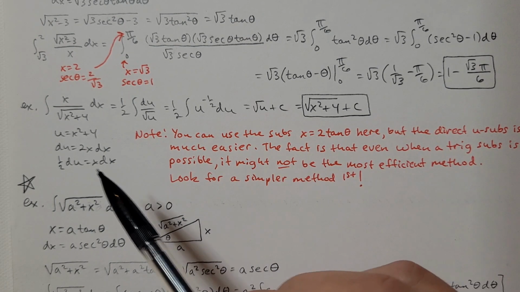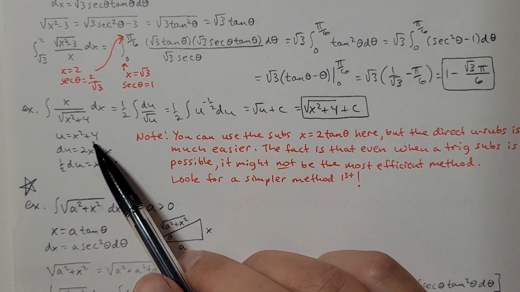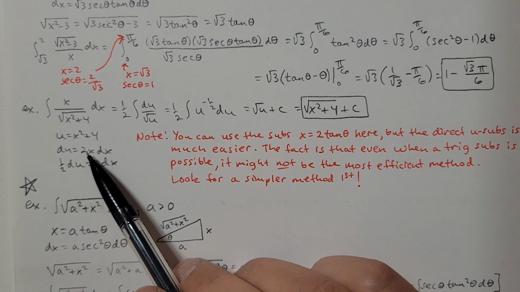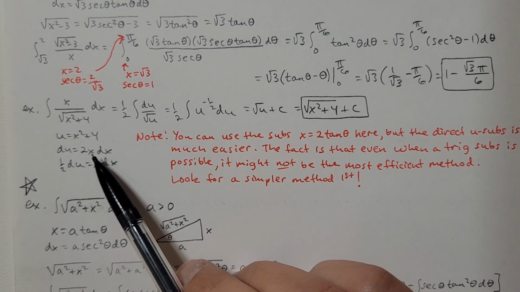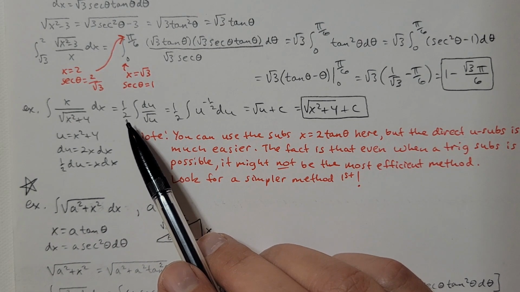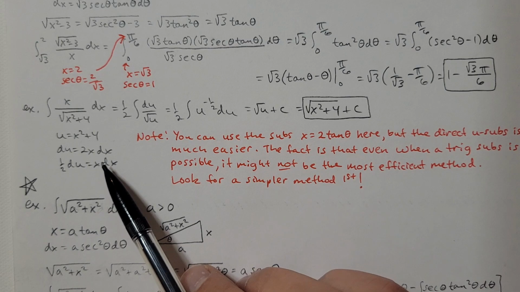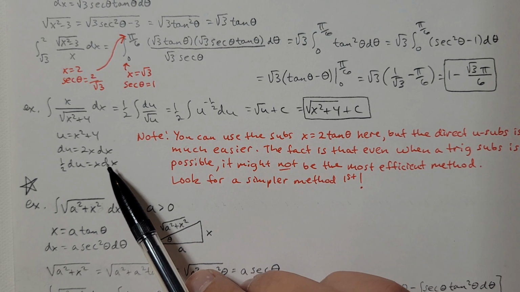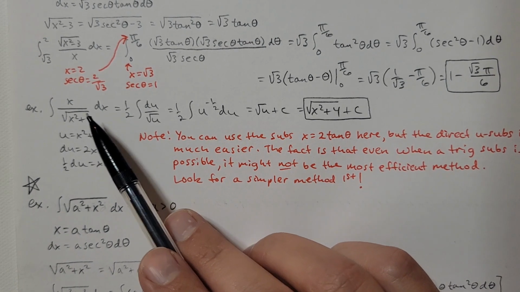You see, if I let u be x squared plus 4, du is 2x dx, and so I'll have a 1/2 coming outside the new integral involving u. 1/2 du would be what I'm going to write there for the numerator.